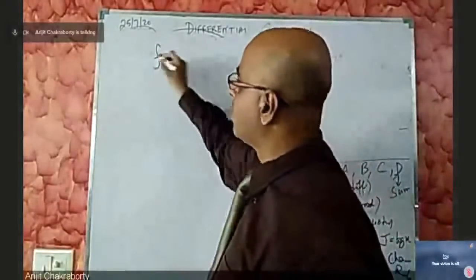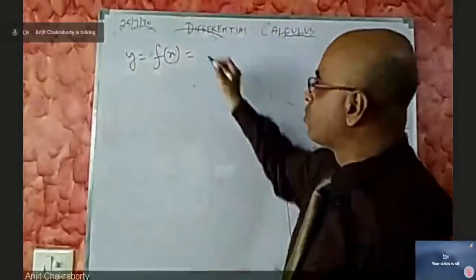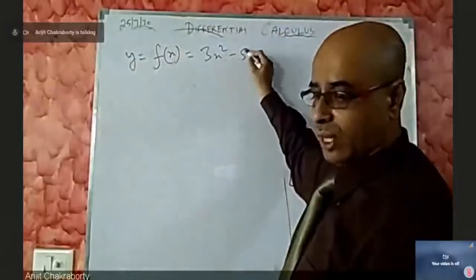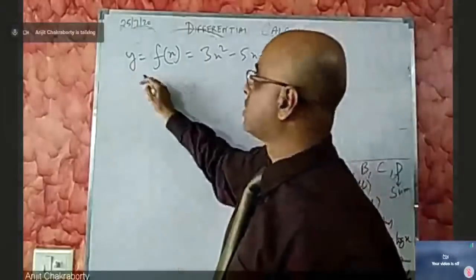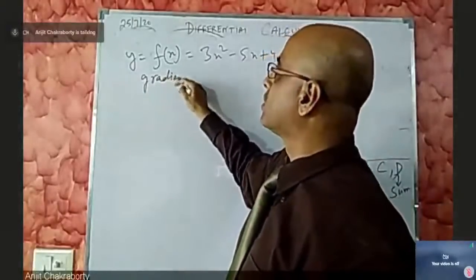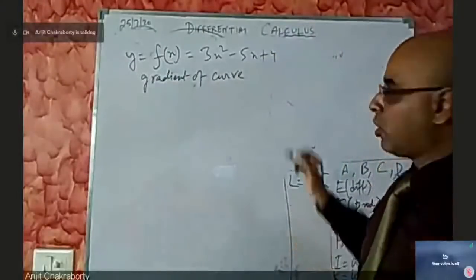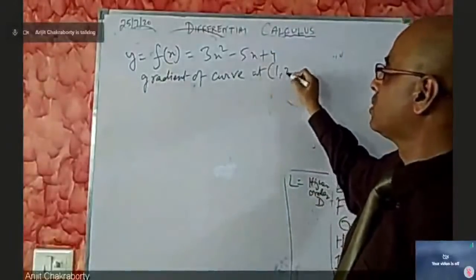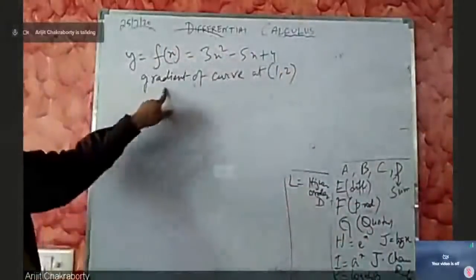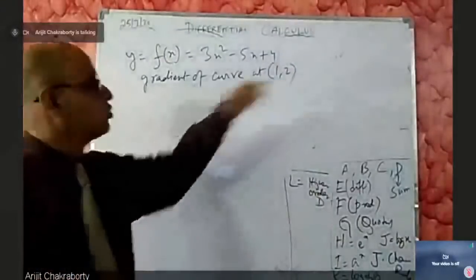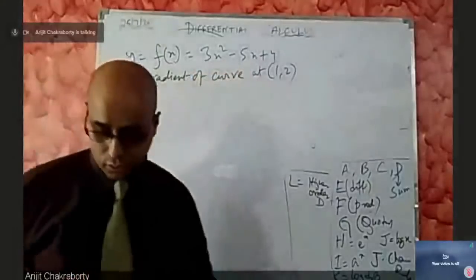So it is given that y equal to f(x) equals 3x squared minus 5x plus 4, and we have to find the gradient of the curve at the point (1, 2). Please see the question. We have to find the gradient of the curve at the point (1, 2), y equal to f(x) equals 3x squared minus 5x plus 4.